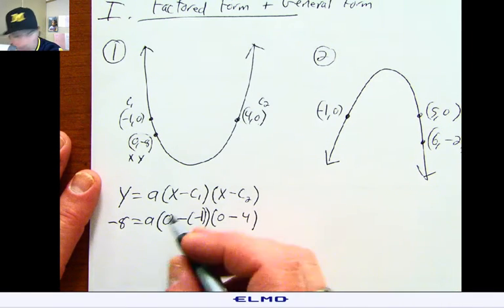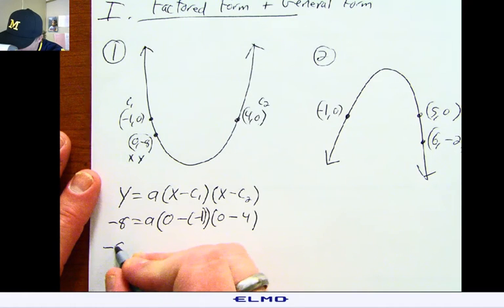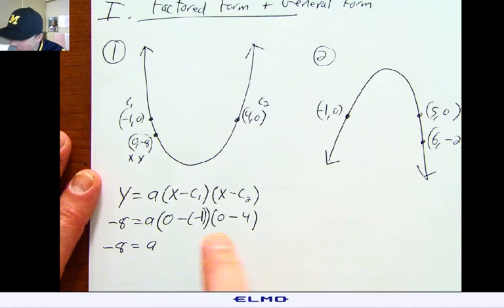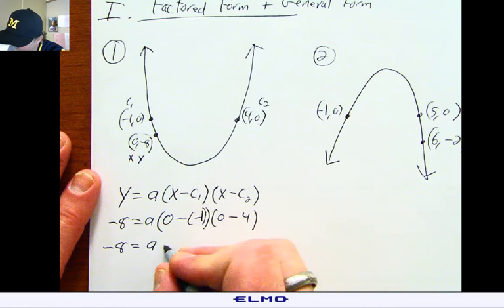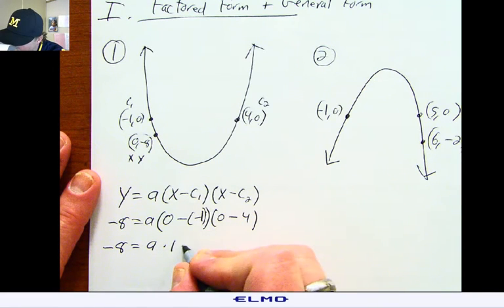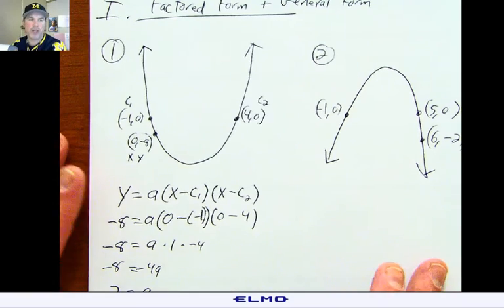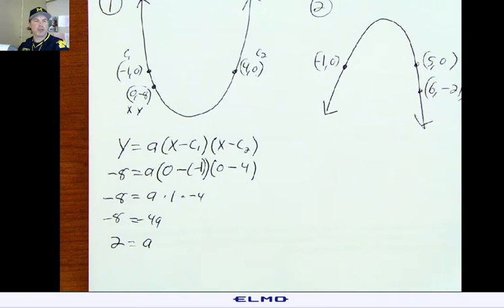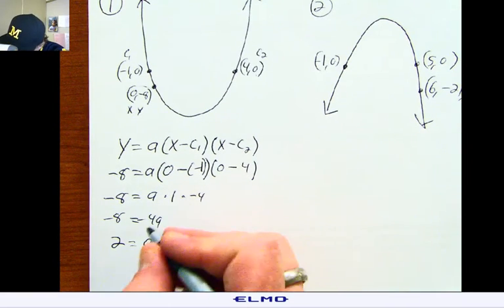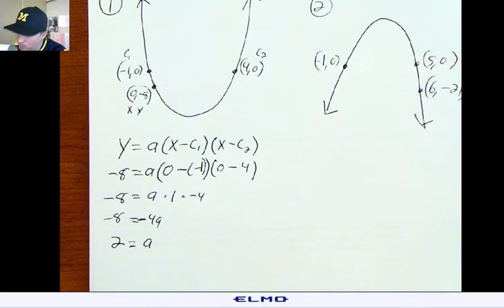Now we want to algebraically solve for a. Here I have a -8, here I have an a. 0 minus -1, that's a positive 1. 0 minus 4 is -4. So I have -8 equals -4a, and when I divide both sides by -4, I get an answer of positive 2.